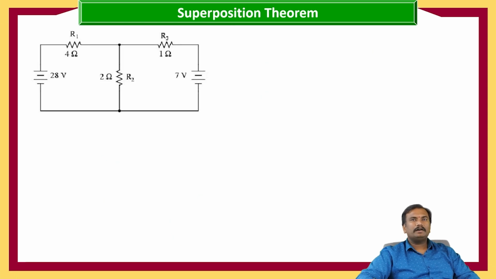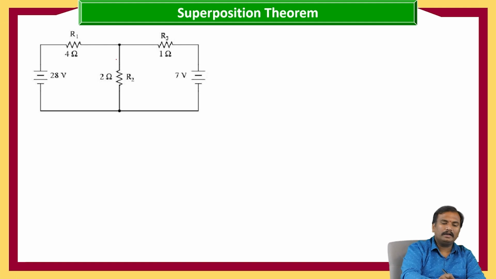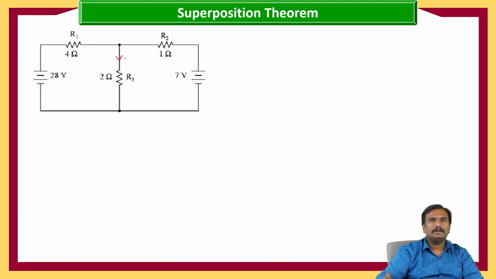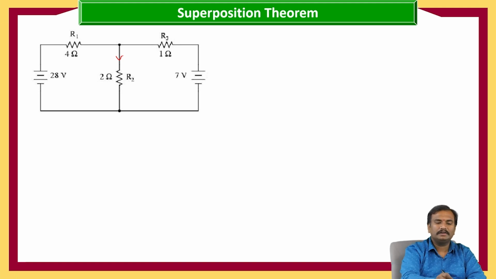Now let us go with another problem, in order to calculate the current flowing through the 2 ohm resistance when two voltage sources are present.